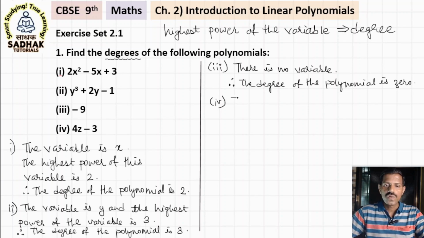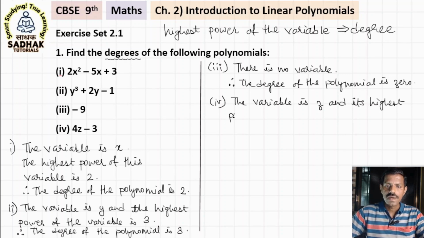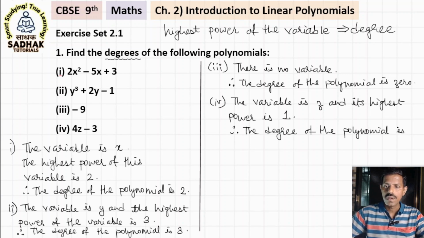The variable is z, and its highest power is 1. Therefore the degree of the polynomial is 1. That is the answer of the first question in exercise 2.1.